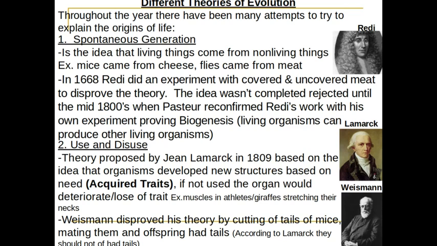He also suggested that if an organ was not used, it would deteriorate or degrade. This happens with muscles. It happens with tails in humans because we didn't need tails. They became less and less pronounced in our body.